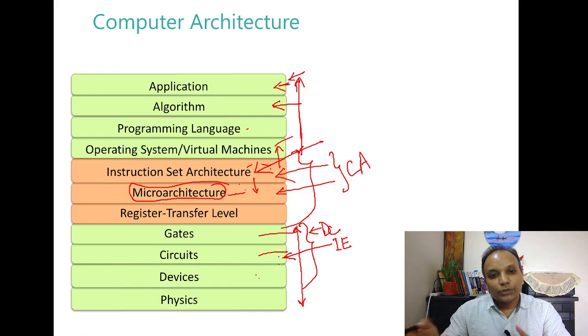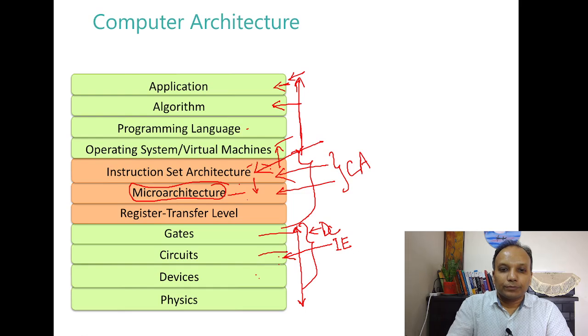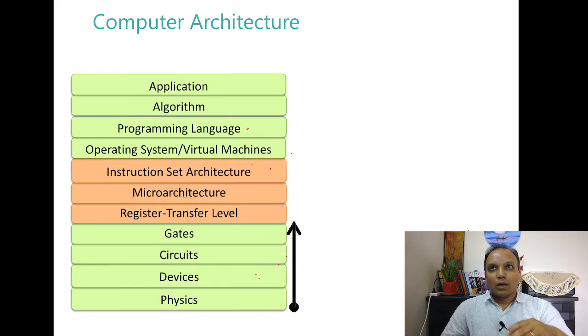So, how many such segments should be there, what should be the width of your ALU, what should be the actual size of your physical memory, and all these things will be covered in the microarchitecture part. All right. Any questions? All right.